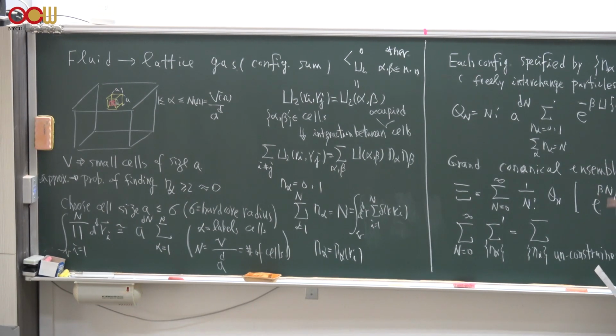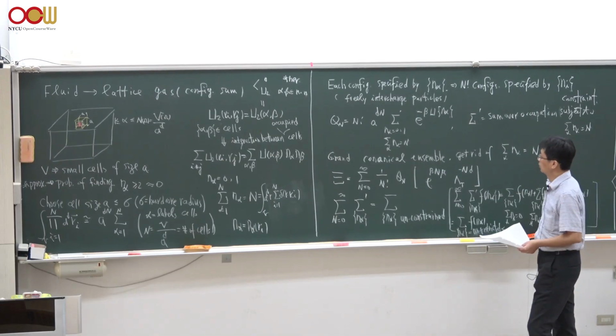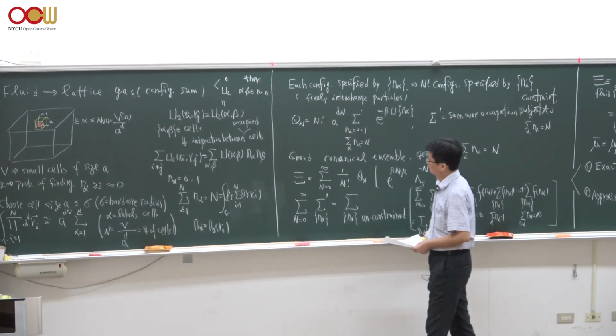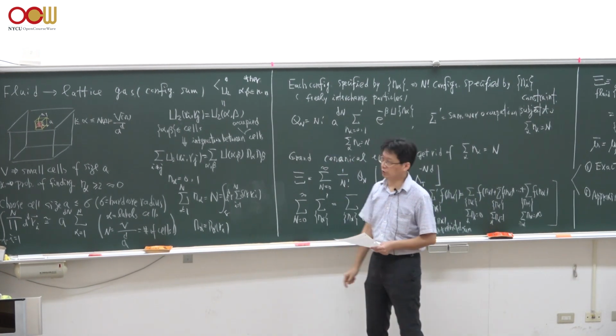Then we go back to the partition function, especially when we sum over the Boltzmann weight of this potential term, and we call this Qn in the partition function.